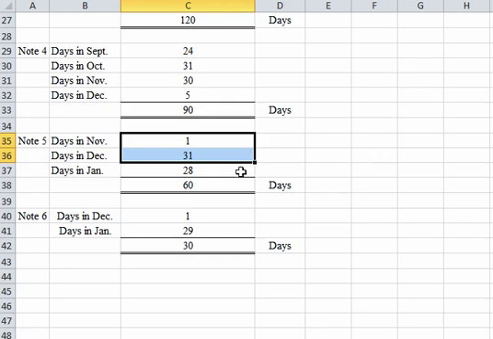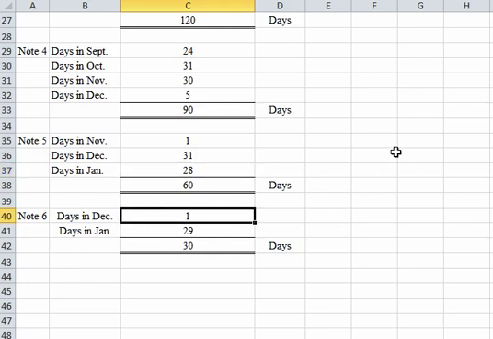The other 28 days of interest on note 5 were earned in the next fiscal year, or I'll call it year 2. With note 6, we earned 1 day of interest in the first year, the other 29 days of interest in year 2.